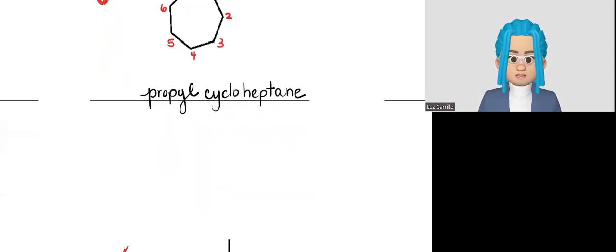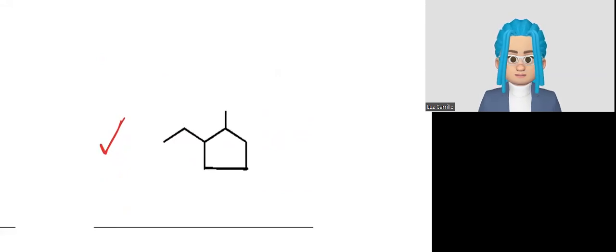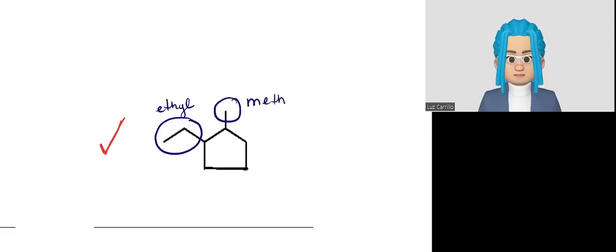Let's do one more practice problem. Here, I have a cyclic alkane with 2 substituents. This substituent is an ethyl group. This substituent is a methyl group.